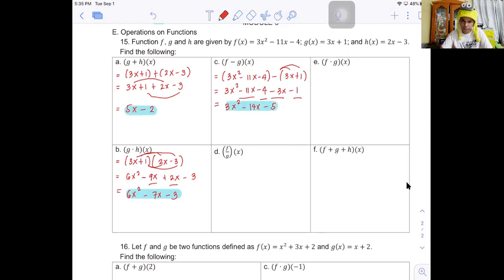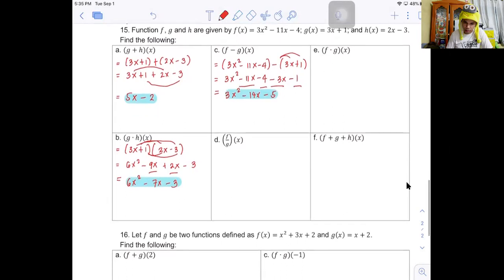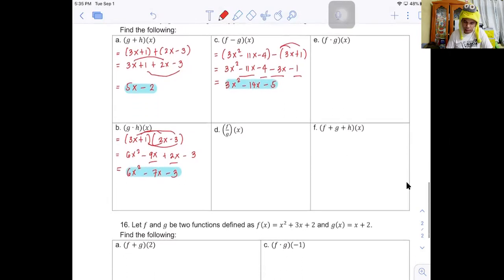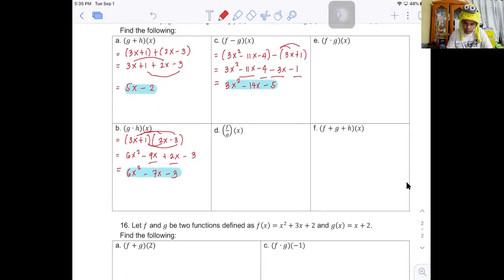Okay? Now, let's go to letter D. For this letter D, many get confused because they have forgotten how to divide. So in the example I gave, 3x squared minus 11x minus 4, actually, it can be factored out. And I hope you remember how to factor the numerator.